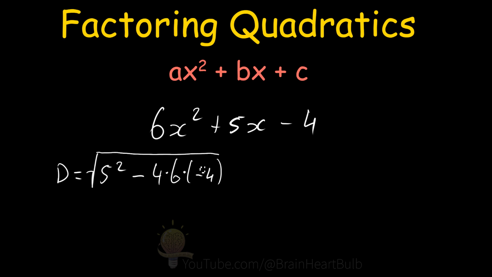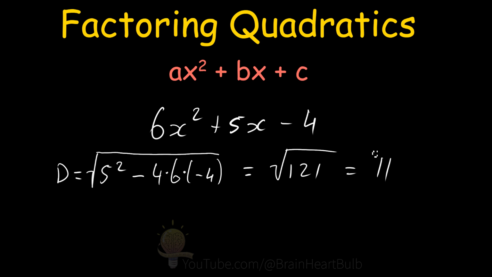And we need to see whether the square root of this sum here is equal to a whole number. So what do we get? This sum here is equal to 121. And when we square root that, we get a value of 11.